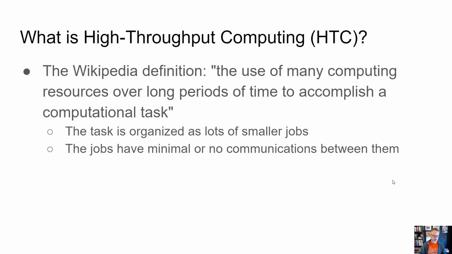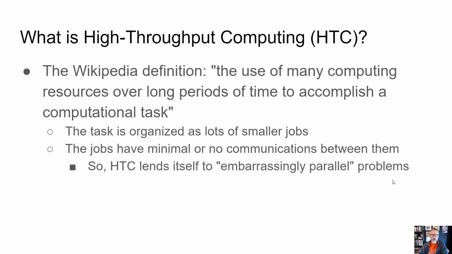HTC only works really if those jobs don't have to talk to each other as much as possible. So HTC really lends itself to things that are embarrassingly parallel. Remember, embarrassingly parallel things are problems that don't require communications between the different parallelized parts.